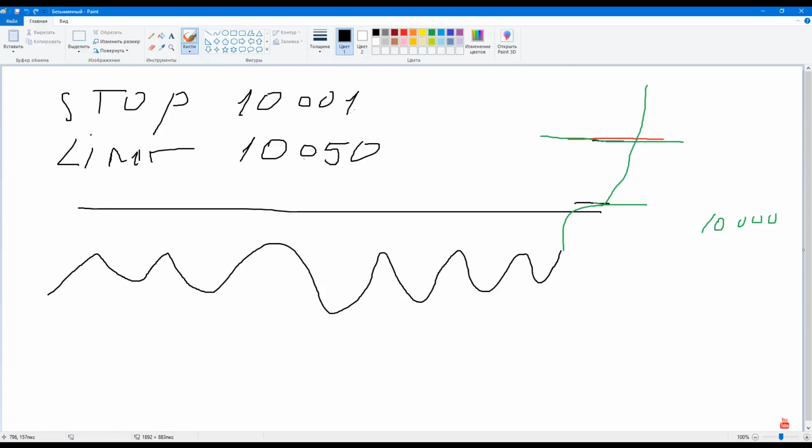And worse than 50 you shouldn't, you don't have to take this situation. Or a limit order or market order.